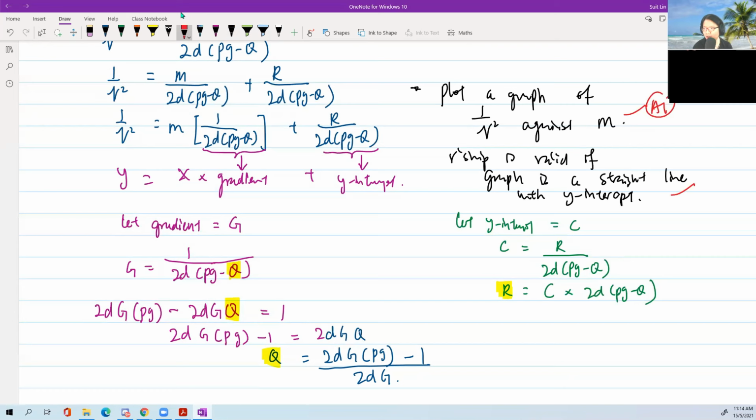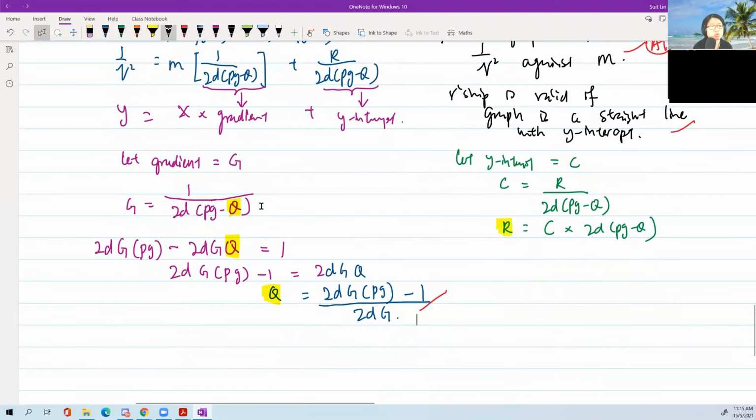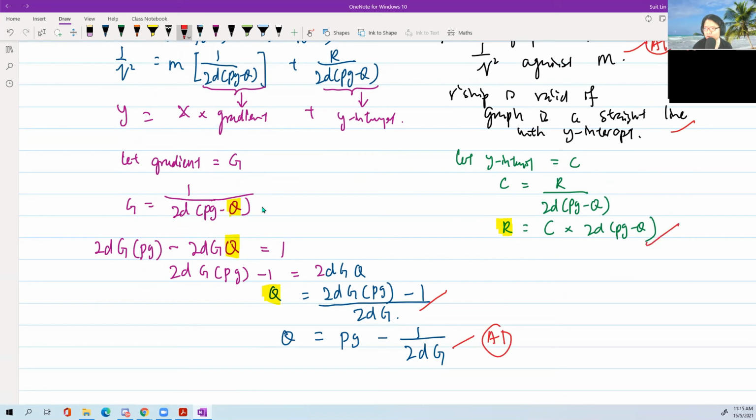Then you find your q and r correctly. Actually, this one can simplify a bit if you want to. q will be, the 2dg will cancel, so it's (pg minus 1) over 2d times gradient. This is A1, one of the analysis marks. You find r, this is the analysis mark.